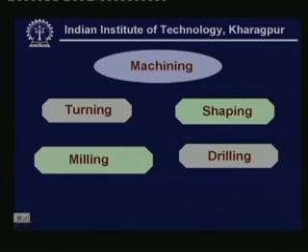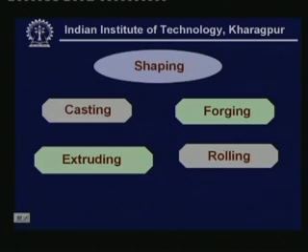That means by pressing the material, either hot or cold, you can get some shapes of the machine elements. So, machine elements are made in a rapid way by, say, casting, forging. Extruding is a very good example of how you make pipes etc. Rolling, you know, sheet metals are being rolled. So, these are the shaping procedures.